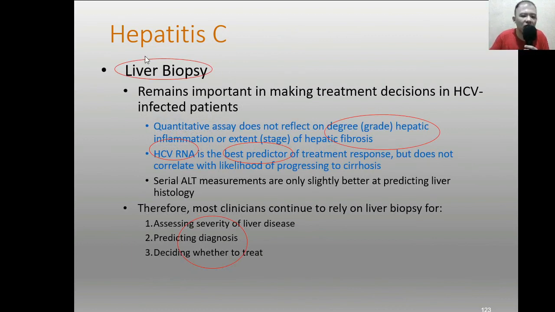So in the beginning, in hepatitis C, first you need a liver biopsy in order to decide if the patient needs treatment and what treatment. So liver biopsy. But for the monitoring of treatment response, or to check if the patient is responding to treatment, then check for the RNA.